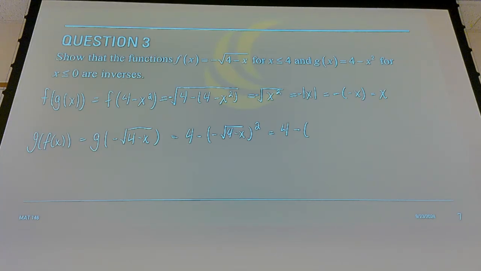Negative square root of 4 minus x, all squared, is what? Is that the result of just squaring it?